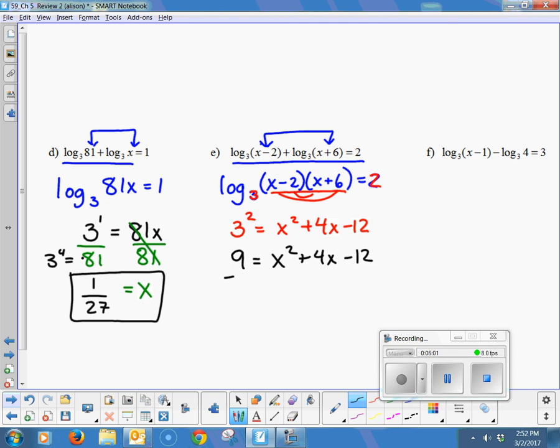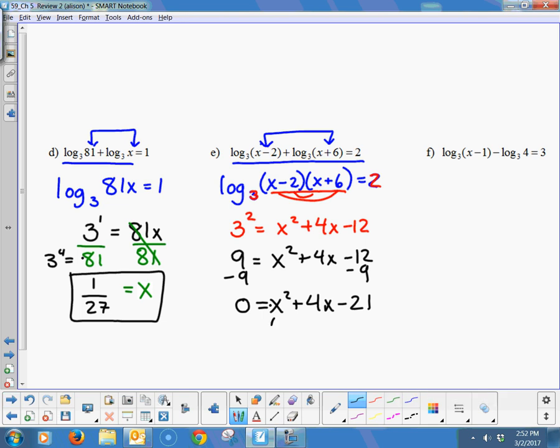If we subtract 9 from each side, I get x squared plus 4x minus 21 equals 0. Then we can factor it. x minus 3 and x plus 7, I believe, will get me the positive 4 in the middle. So x must equal positive 3 or negative 7.